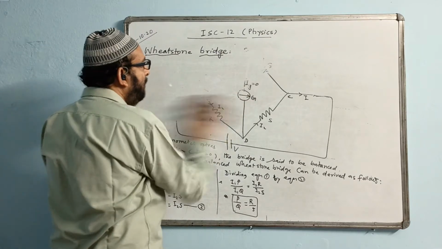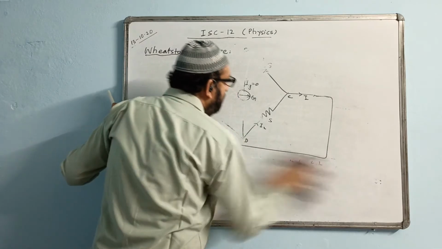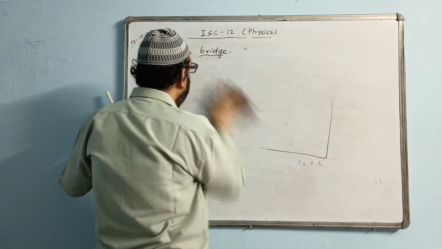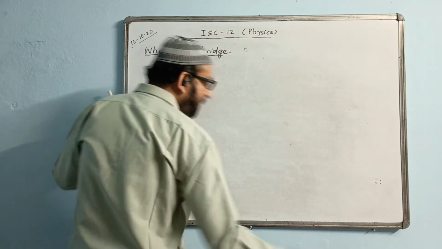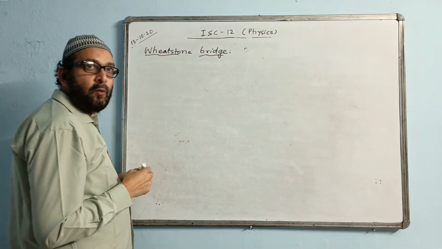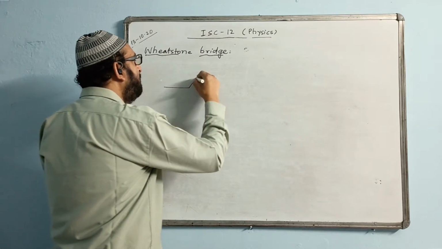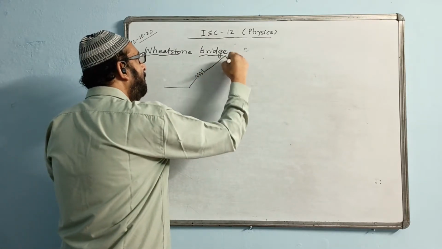Okay, now you can see, if they ask a question like this, calculate the total resistance of the following circuit, and they give a circuit like this. This way they are showing a circuit.